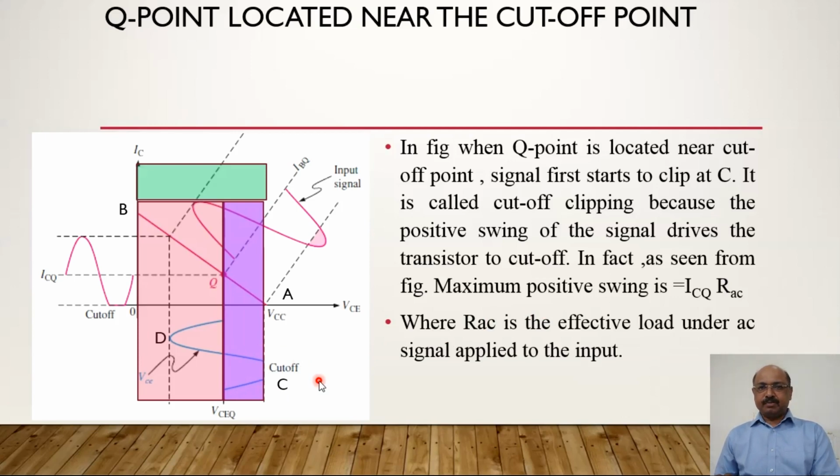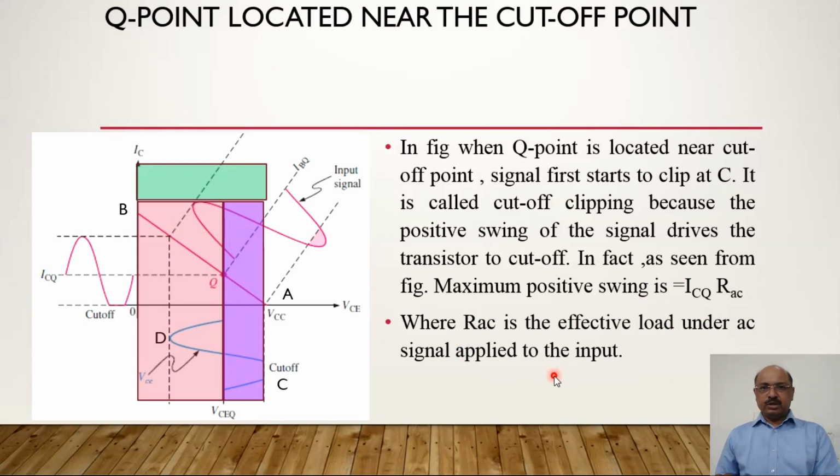In fact, as seen from the figure, the maximum positive swing is equal to ICQ into RAC, where RAC is the effective load under the AC signal applied to the input.